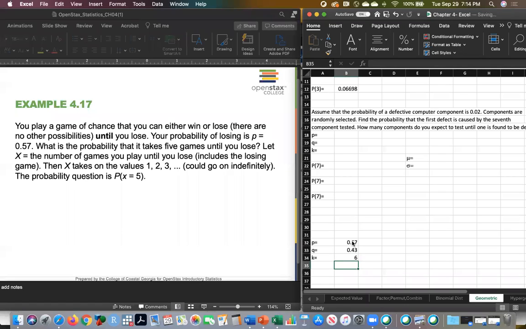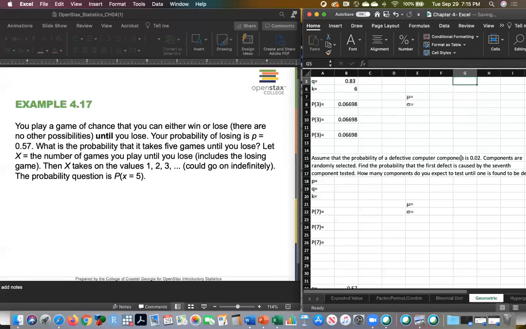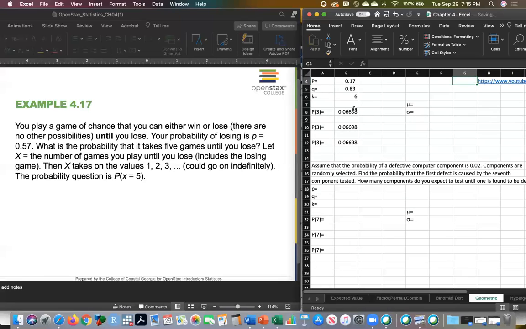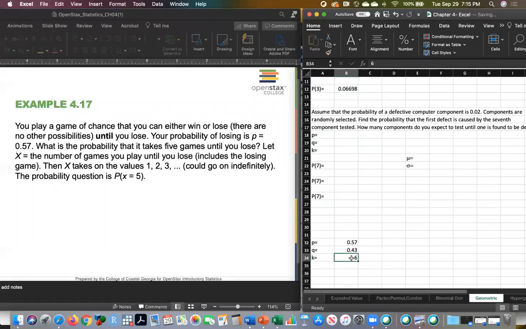So in this case we can use the same formulas. So let me see if I can just copy. In this case, the probability question is p equal to 5. So then that should be 5, I guess. So let me check in this case. So I can just copy and paste this.